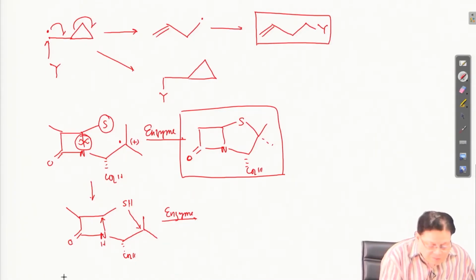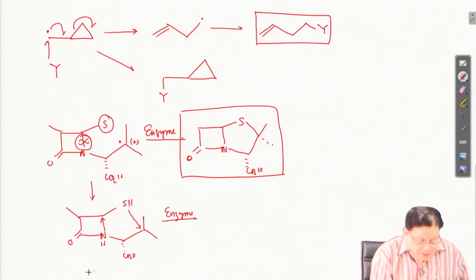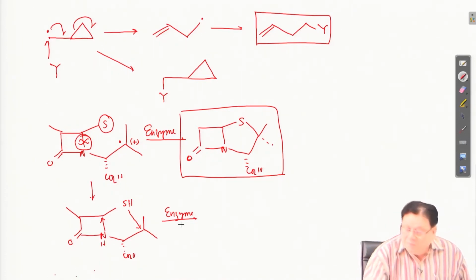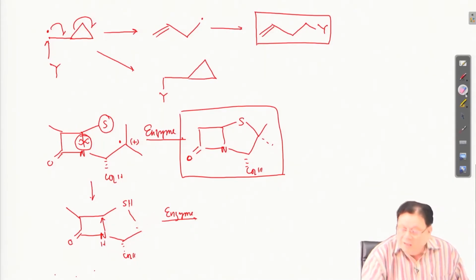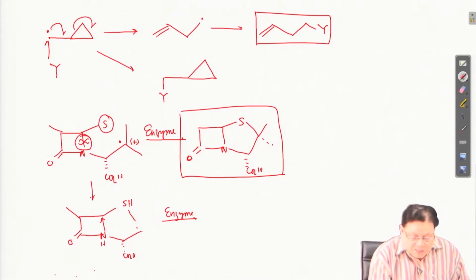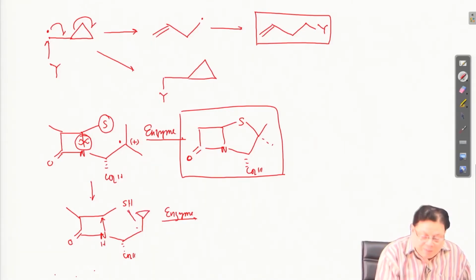Instead of this gem dimethyl, you can take alternate substrates, like you can put a cyclopropyl. If you put a cyclopropyl, then what will happen?